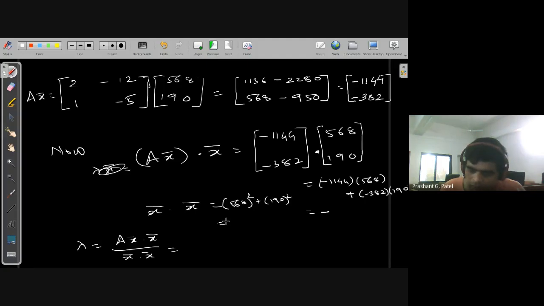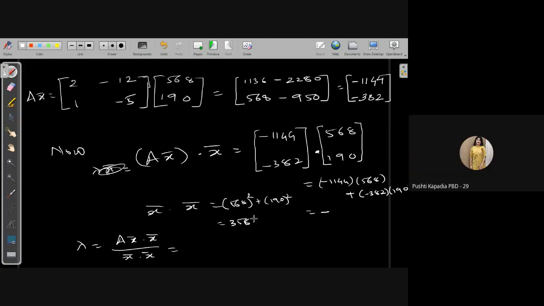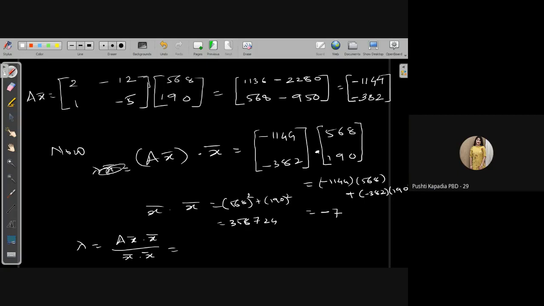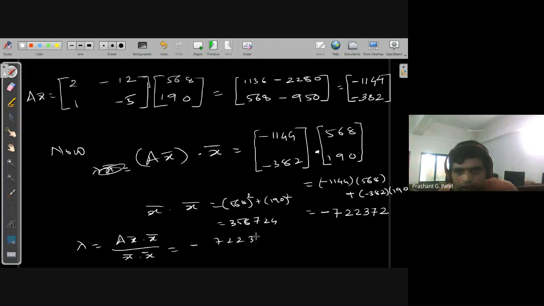So Ax bar into x bar is minus 722,372, upon 358,724.